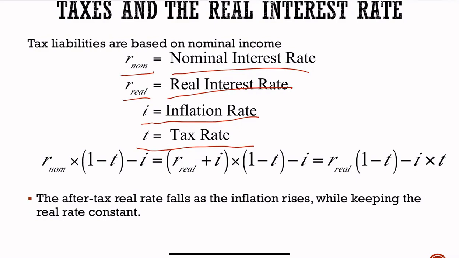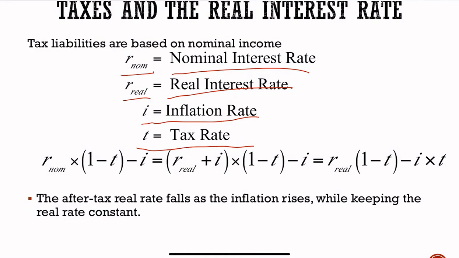So your after-tax real interest rate is your after-tax nominal rate, right? So it's R norm times 1 minus tax rate. And then we have learned real interest rate equals nominal rate minus inflation rate. So if you want to find out your after-tax real interest rate, then it equals after-tax nominal rate minus I, inflation rate.